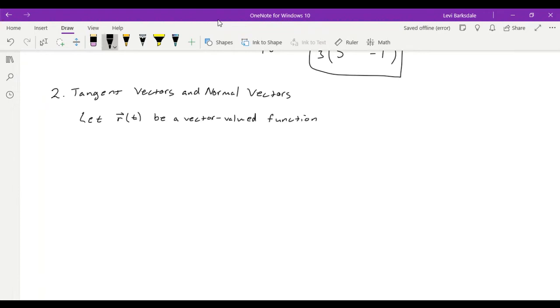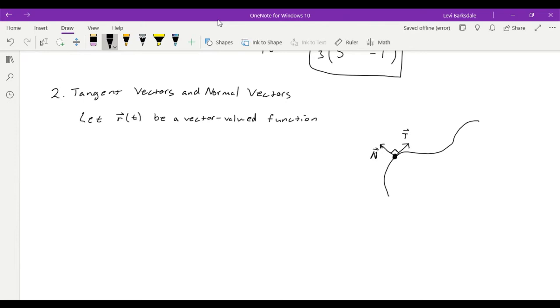Basically, if our r of t curve looks something like this, then at any given point, there is a unit tangent vector and a unit normal vector. And these will be perpendicular. The unit tangent vector is parallel to our vector valued function, and the unit normal is, well, normal, or perpendicular.